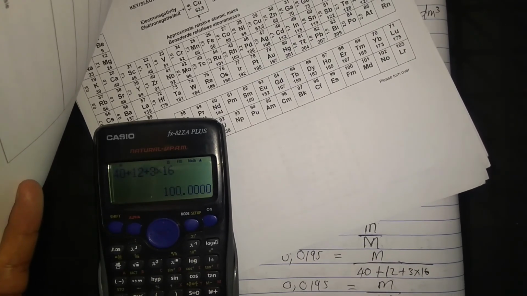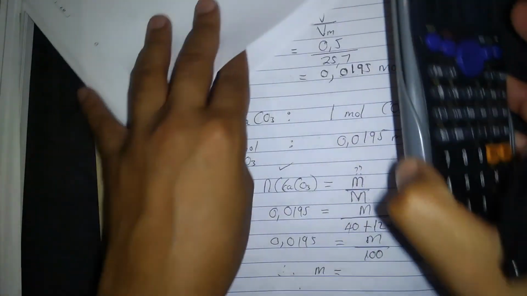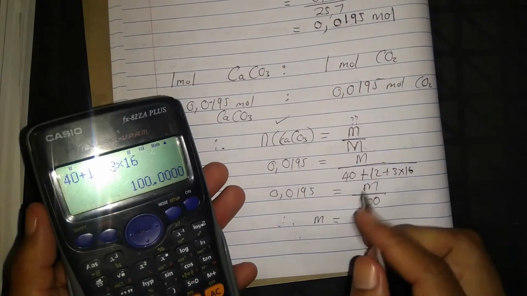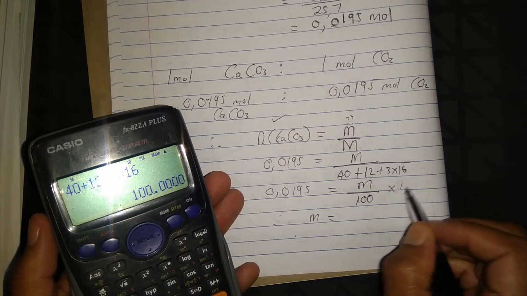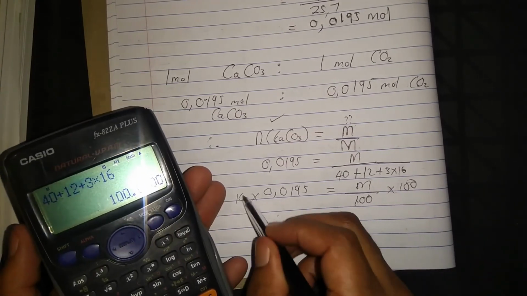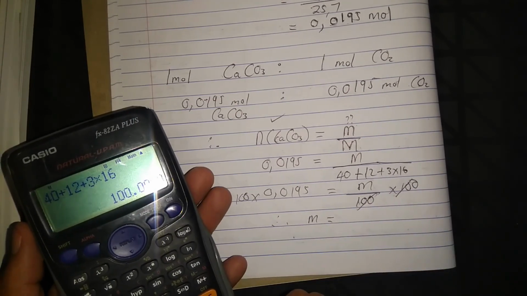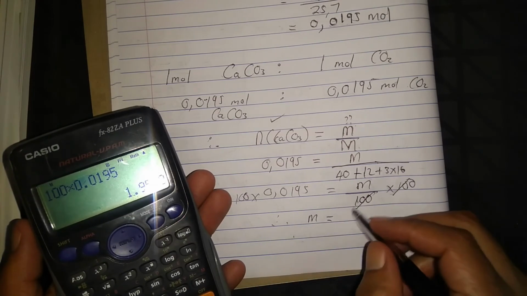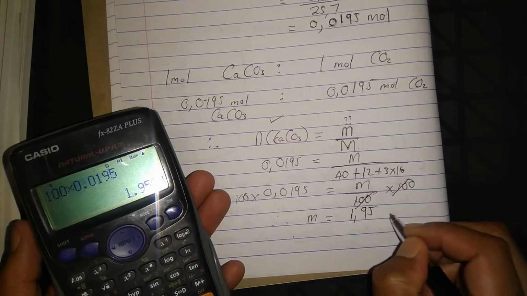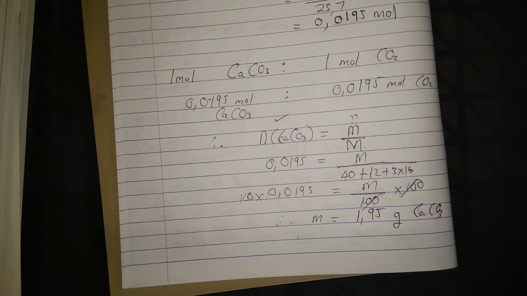So therefore mass is equal to, cross multiply again. Multiply both sides of the equation by the denominator so that I am left with m only. So it's 100 times 0.0195. The answer is 1.95 grams of calcium carbonate was used. So this is our final answer.